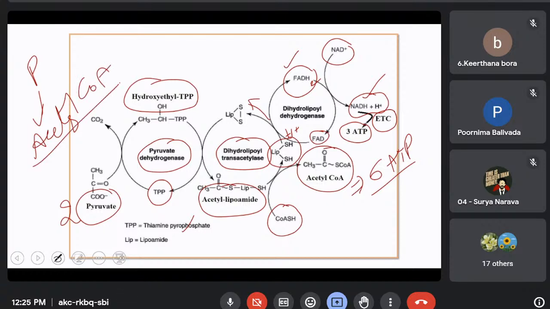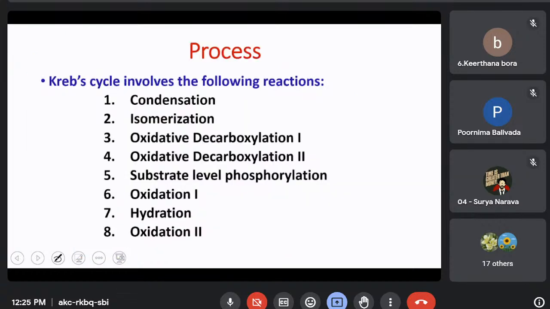Okay. Now this acetyl coenzyme A enters Krebs cycle. So the Krebs cycle involves 8 reactions: condensation, isomerization, oxidative decarboxylation 1, oxidative decarboxylation 2, substrate level phosphorylation, oxidation 1, hydration, oxidation 2.